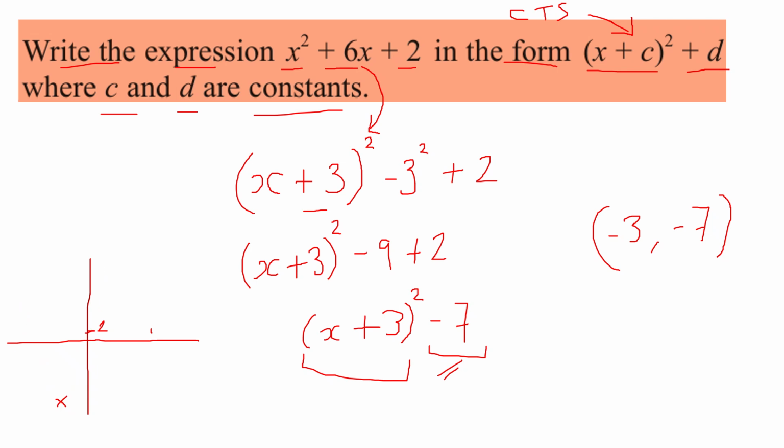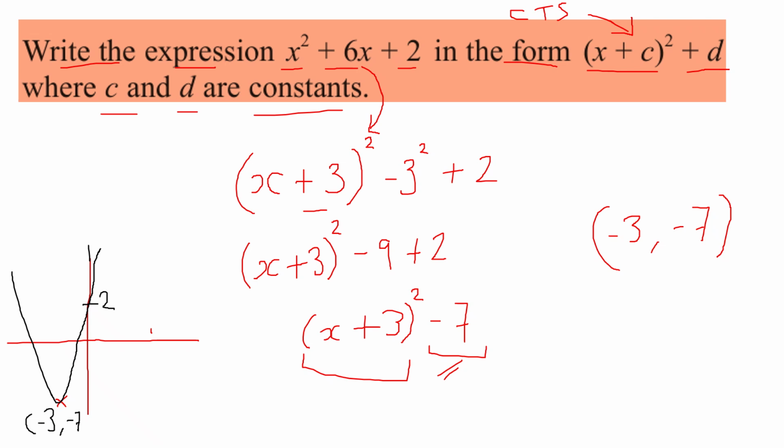But that is a rough sketch of the quadratic. Let's give it one more time. Something like that, that's a little bit better, obviously not perfect. Crossing at plus 2, and the turning point of the quadratic is minus 3, minus 7.